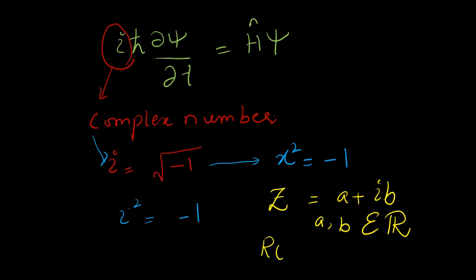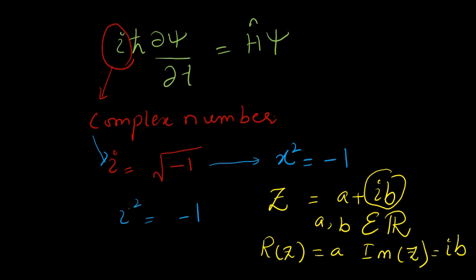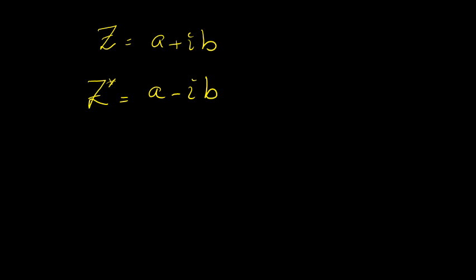So the real part of z, real of z, equals a, and the second part is the imaginary part of z, imaginary of z, which equals iota b. We can also write the complex conjugate of z. If z equals a plus iota b, the conjugate of z will be a minus iota b.